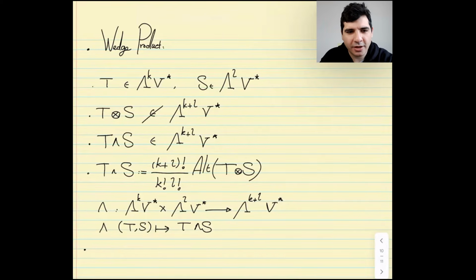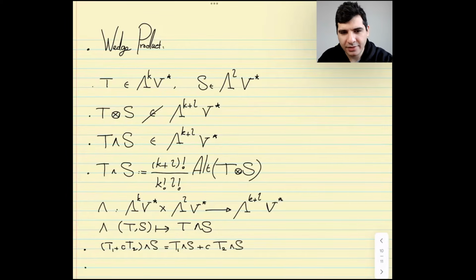This wedge product also satisfies the good conditions you want. It also has the property that (T1 plus c T2) wedge S is T1 wedge S plus c T2 wedge S. It's also associative, just like the tensor product, so it doesn't depend on the order.